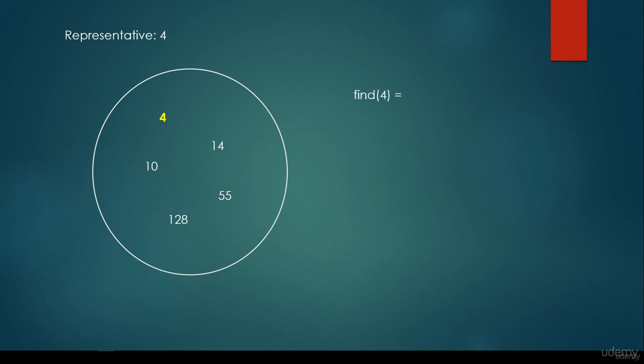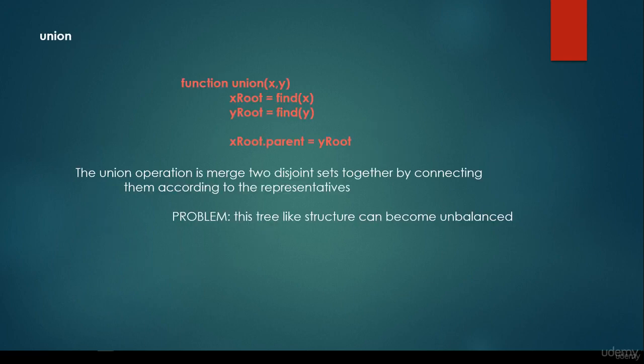Then if we run the find operation on the 4, we would like to find the 4. Then because the representative is 4, it's going to return 4. What if we would like to find a 10? We have been talking about it, it's going to return the representative, so it's going to return 4. What if we are looking for the 55? Because disjoint sets are going to return the representative, it's going to return 4, and so on. So basically this is how disjoint sets work.